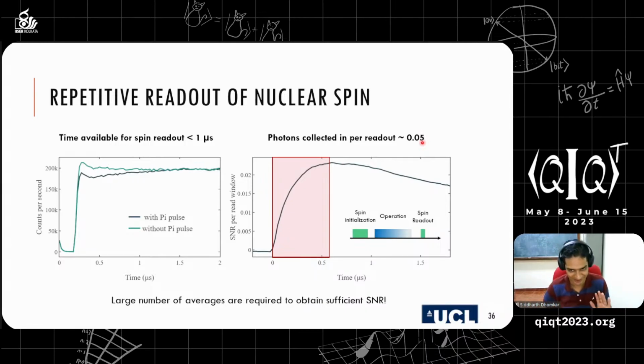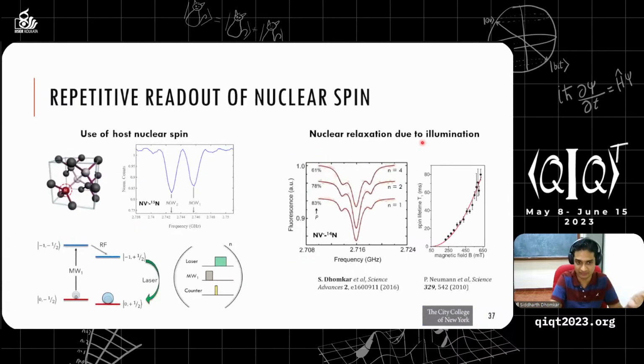I don't have time to go into details, but if I can devise a protocol that swaps this information into nuclear spin, then nuclear spins are much more robust to readout by shining a laser. They still interact, but they're more robust, so you can read out the information. This is something we have done with the host nuclear spin. You can actually store information in this host nuclear spin.